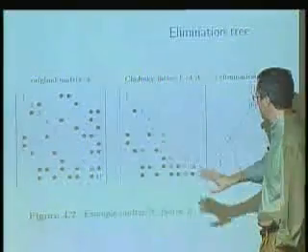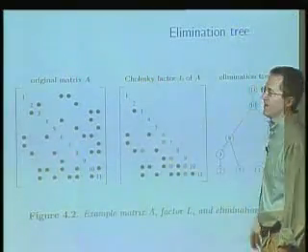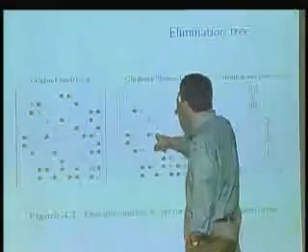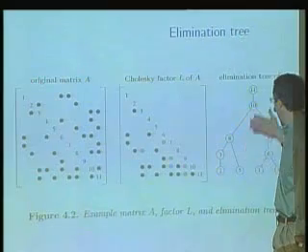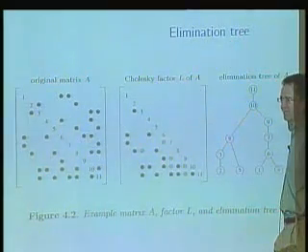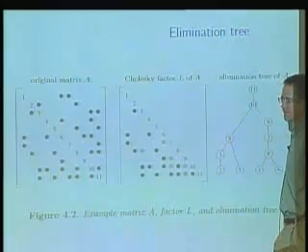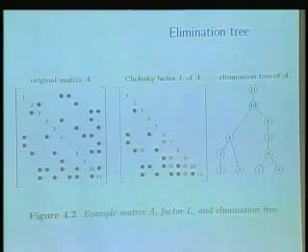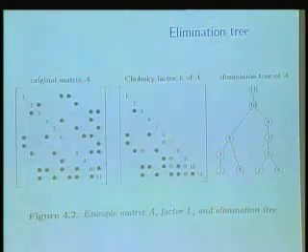If they happen to be numerically 0, we'll leave them in there because they have combinatorial importance. If you drop them, like you drop this, well, then you no longer have a tree. And all the theorems fail. So that's another reason why it's important not to drop these entries.